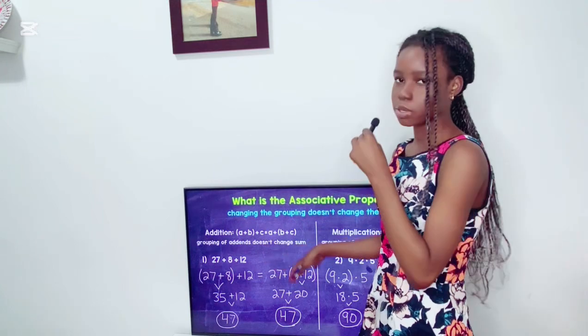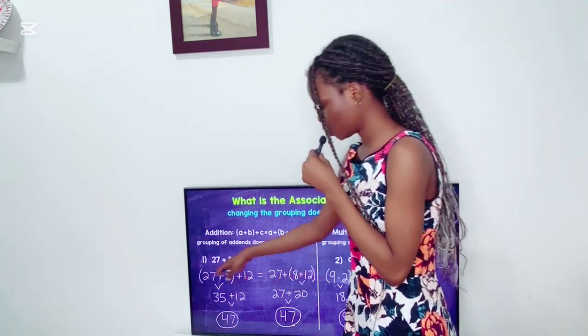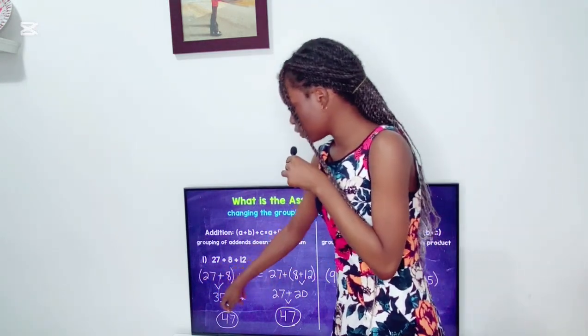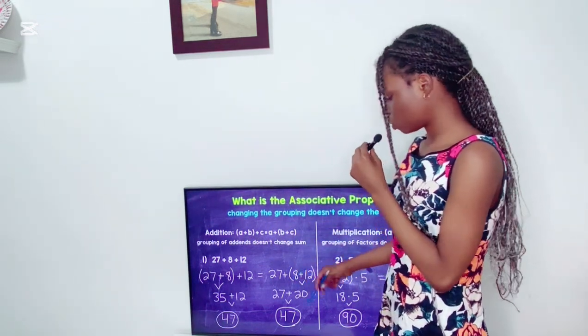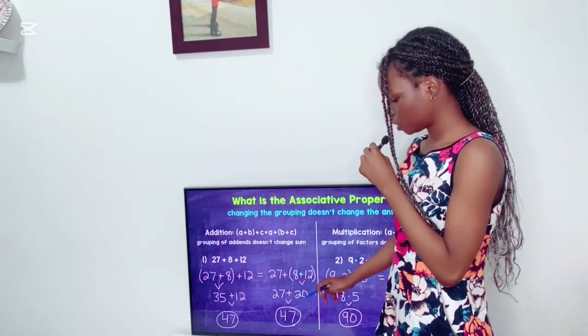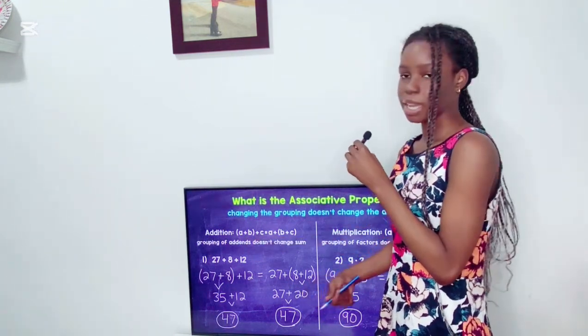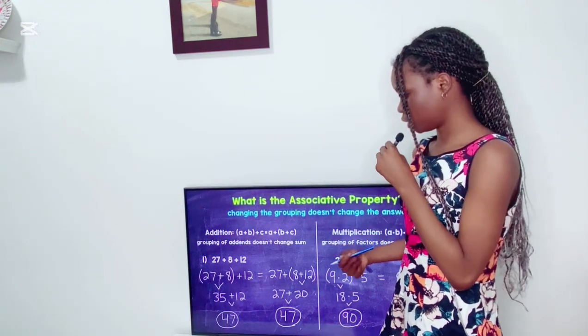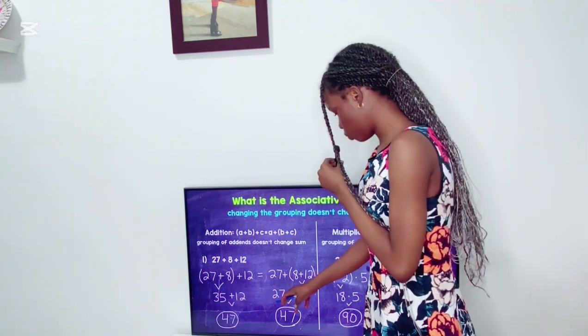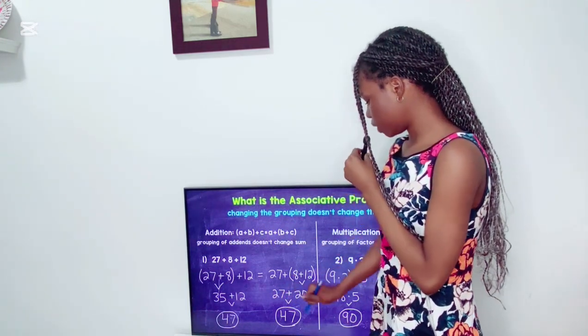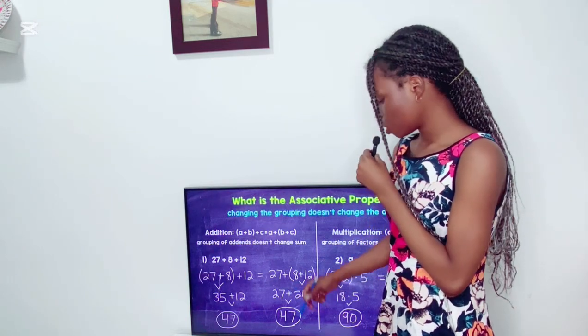As you can see, there's a bit of difference, because doing 27 plus 8 gave us 35. Obviously, it's addition, because 8 plus 12 is obviously going to give us a different answer than it gave us with 27. So 8 plus 12 is 20. Now we'll bring down our 27. What is left is 27 plus 20.